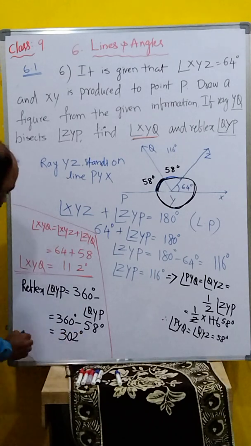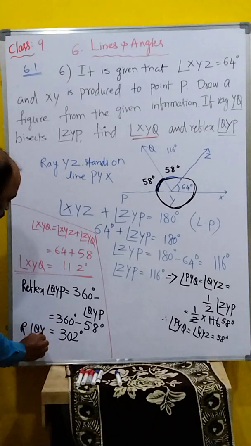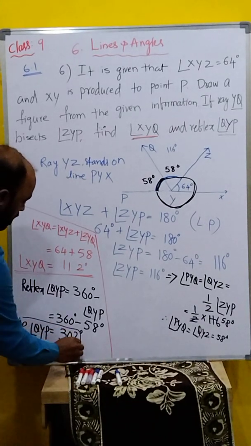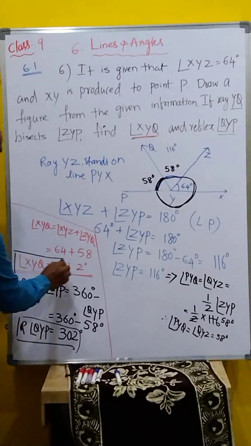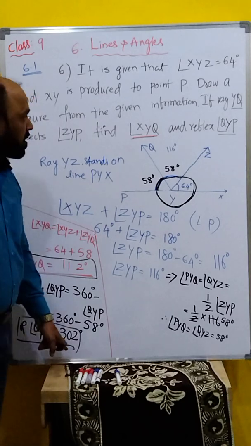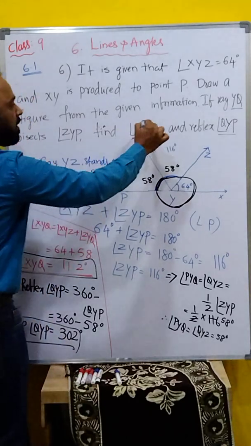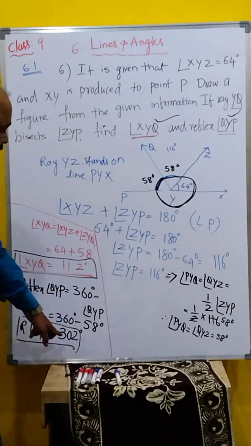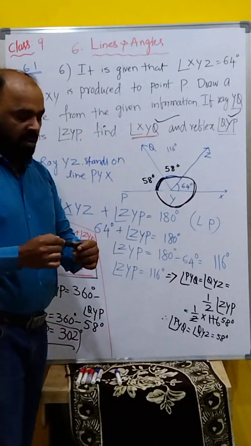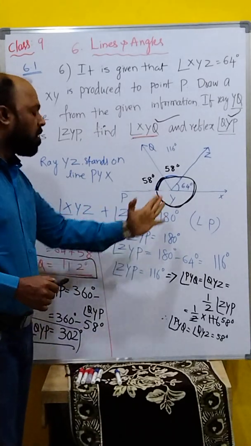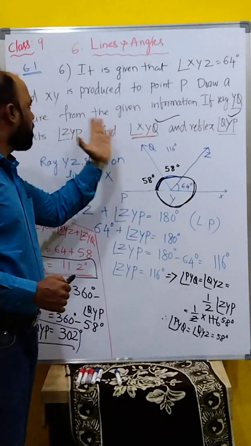This is the reflex of QYP. Clear, children? This is the answer. First answer, XYQ is 112. Then reflex angle QYP is equal to 302. Both completed. Clear, children? It's a very simple thing. Using linear pair we are doing it, and bisecting also.